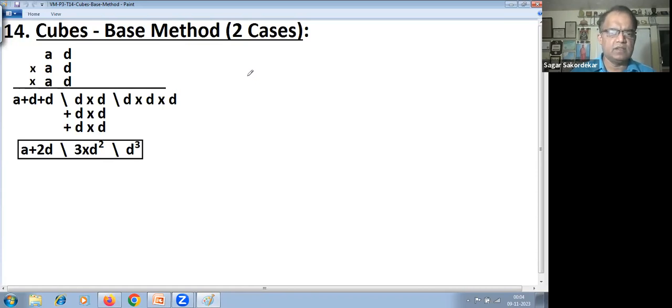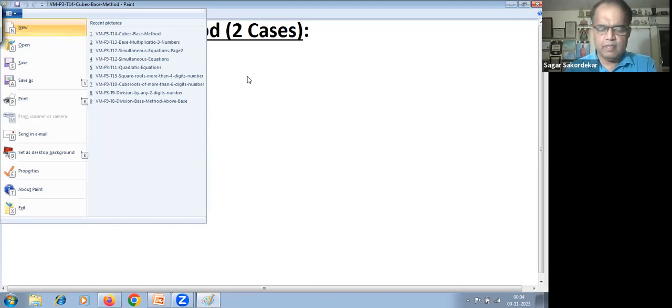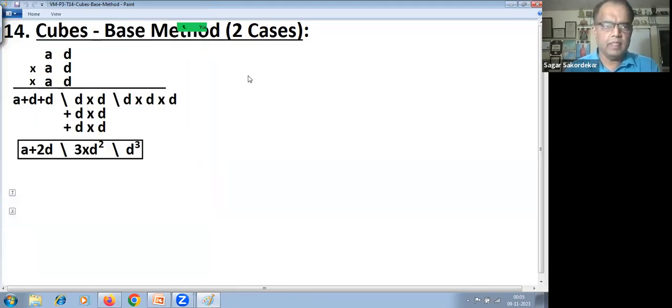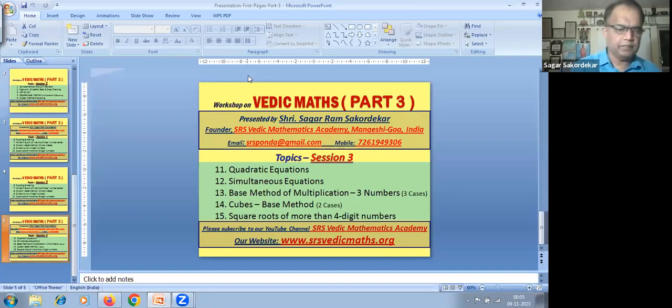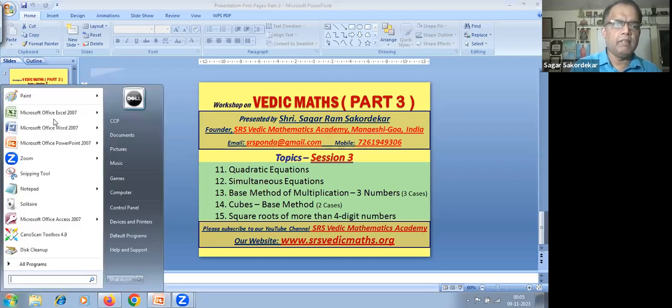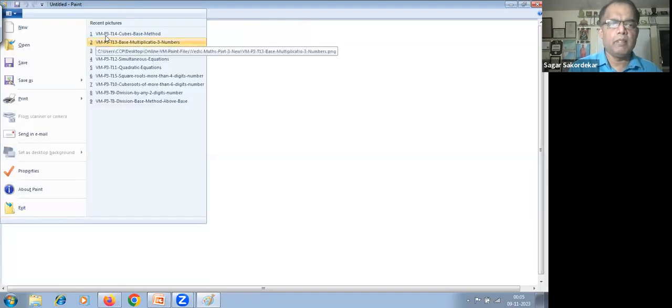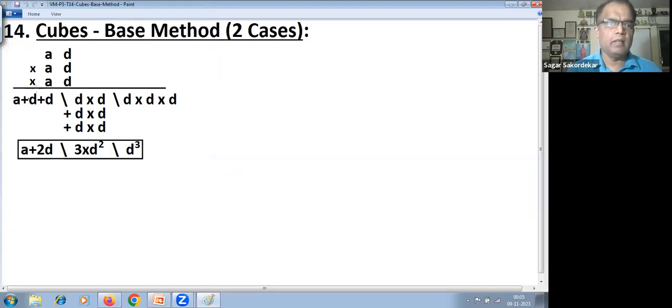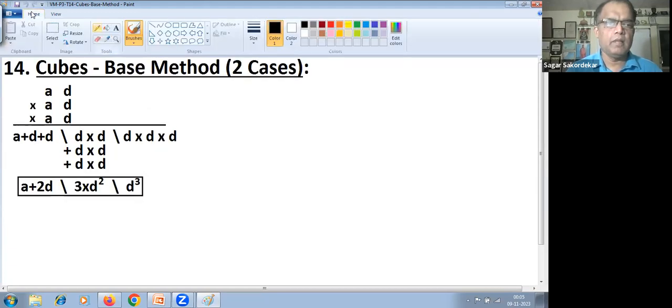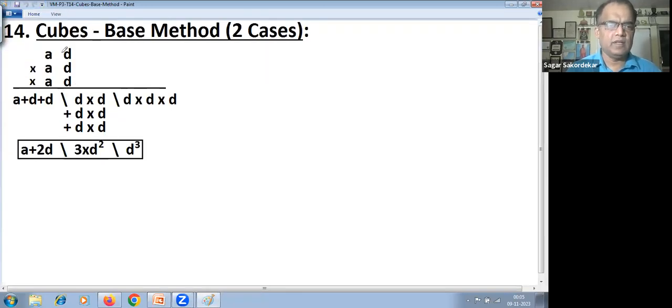Now because it is a cube, all three numbers are the same.